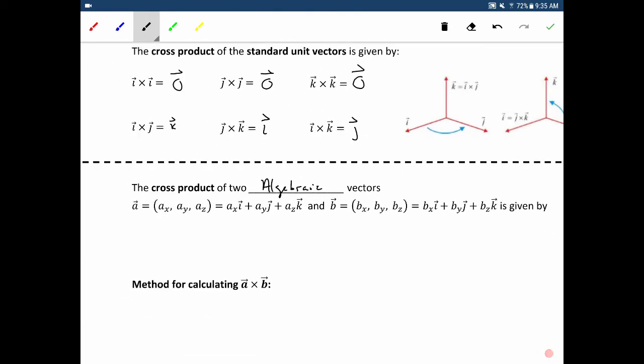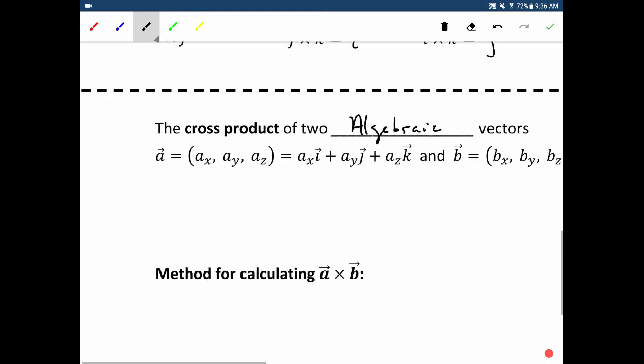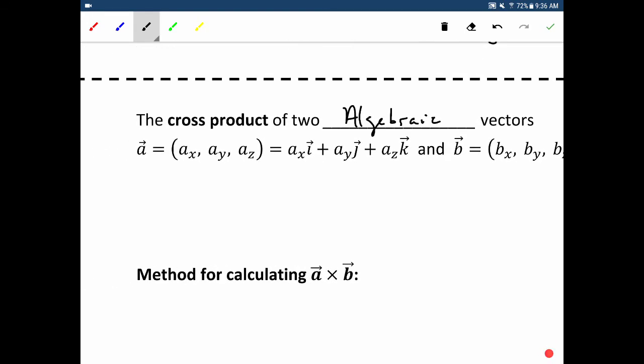So in other words, I'm giving you the components of the vectors. Okay. I'm giving you the x. I'm giving you the y. I'm giving you the z. Now there's two ways. So I'm just going to show you what the answer is as a formula. First of all, A cross B is equal to, and this one's unfortunately not as simple as the dot product, but you will get used to it, because like I say, this is more useful.